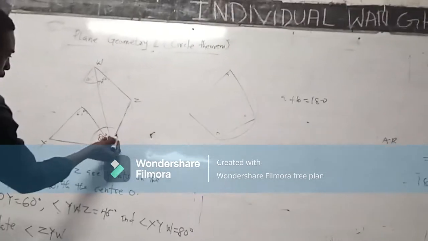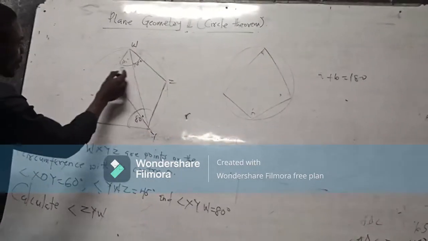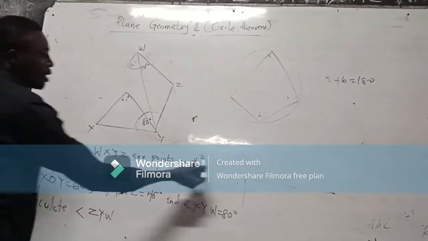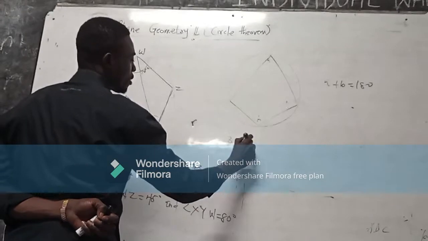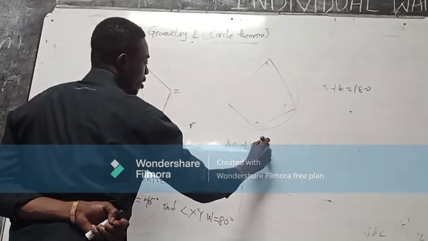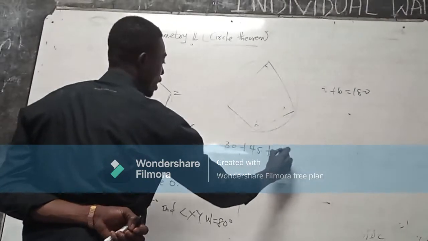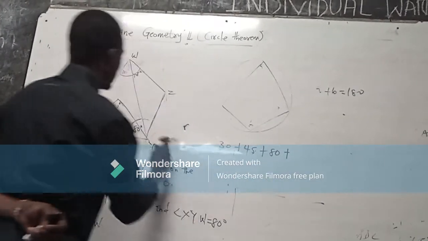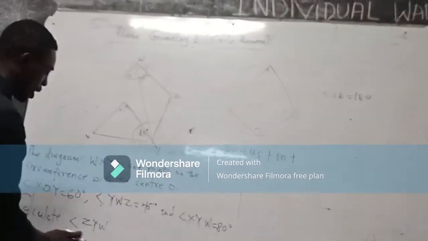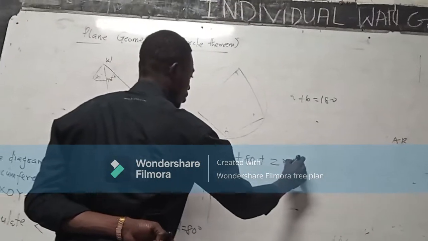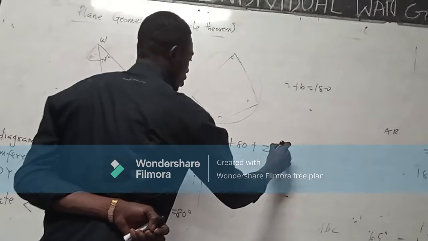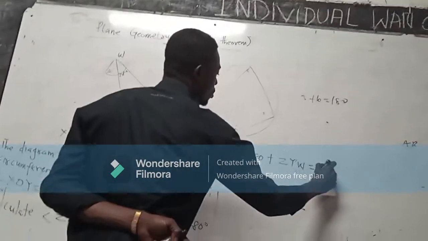The same thing. So if you are finding this one, it means that the 30 plus the 45 plus the 80 plus the angle that is here, that is what they are asking, the Z, Y, W, is equal to 180.